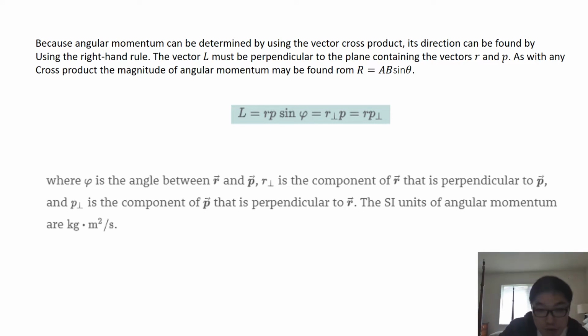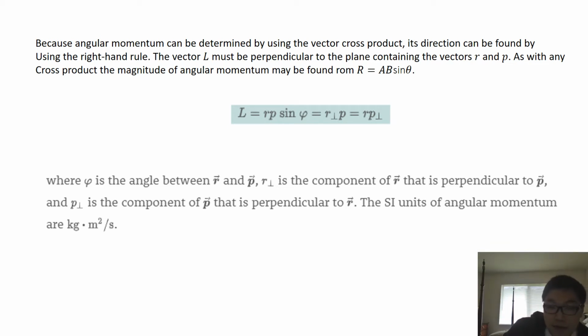theta, where theta is the angle between r and p, equal to r perpendicular times p, or r times p perpendicular, where theta is the angle between the vector r and the vector p, r perpendicular is the component of r that is perpendicular to p, and p perpendicular is the component of vector p that is perpendicular to r.